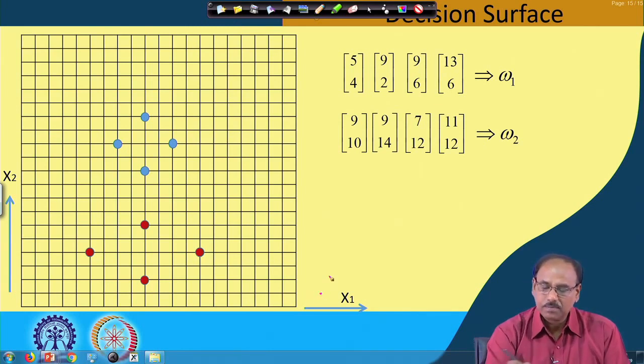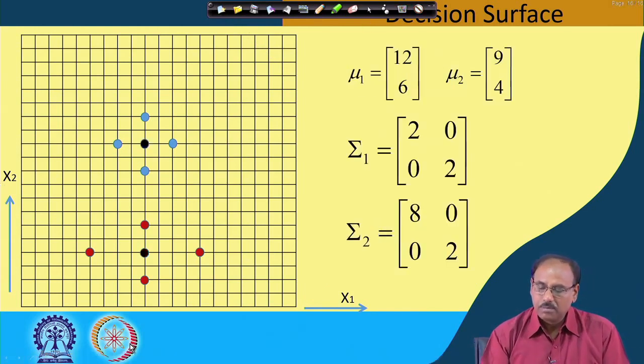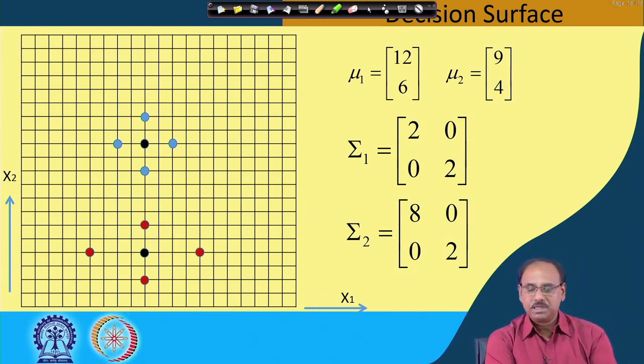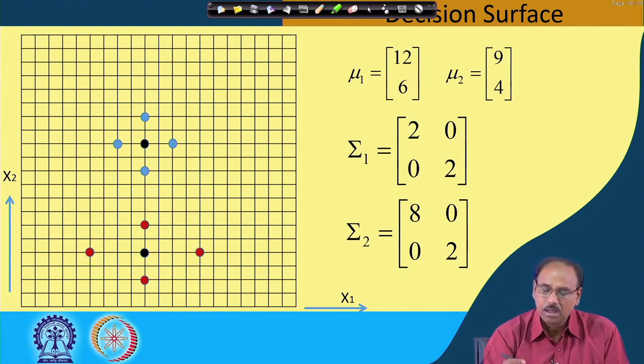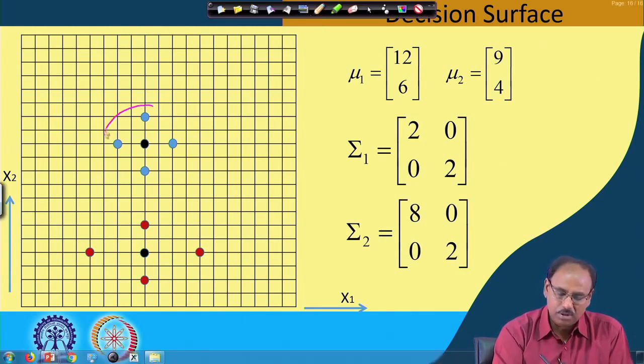So, over here my mu_1, the mean of the feature vectors from class omega 1, will be (12,6) and mu_2 will be (9,4), and the covariance matrix sigma_1 is [2 0; 0 2].